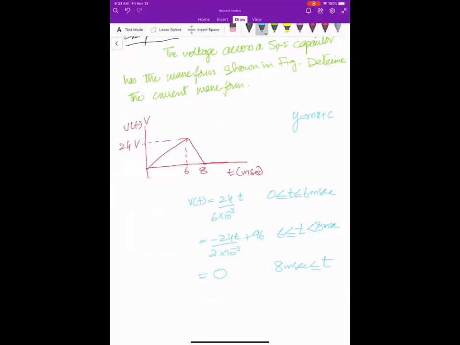From 0 to 6, its slope is 24 by 6 into 10 to the power minus 3 t. From 6 to 8, this is the slope, and from 8 onwards, the slope is 0.